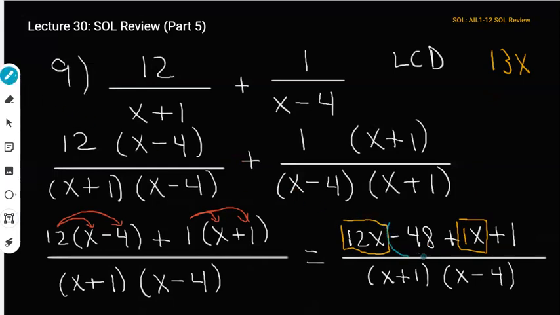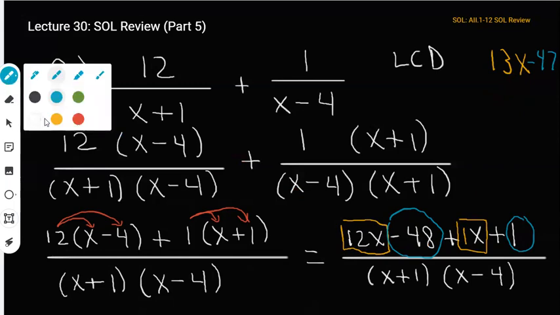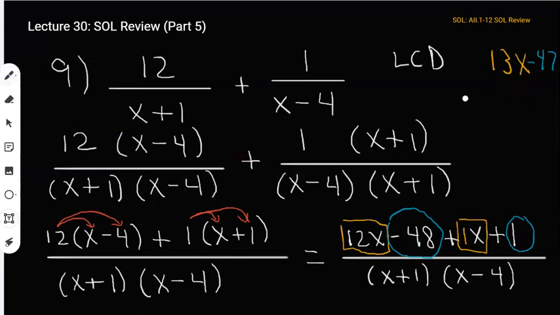Negative 48 plus 1. What would that be? Negative 47, right? So I get 13x minus 47 on top. What's in the denominator? x plus 1, x minus 4.